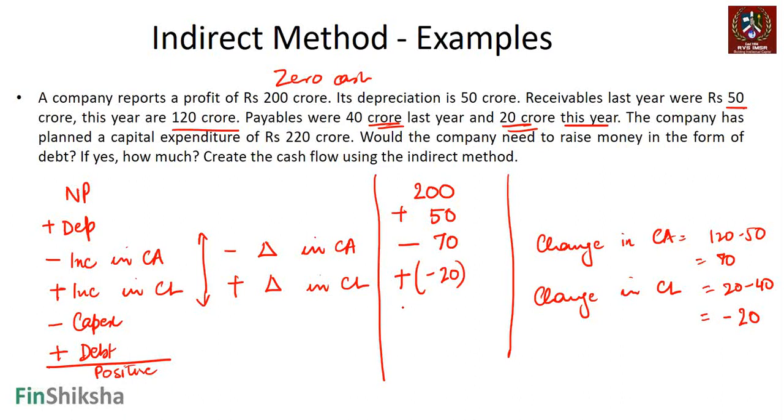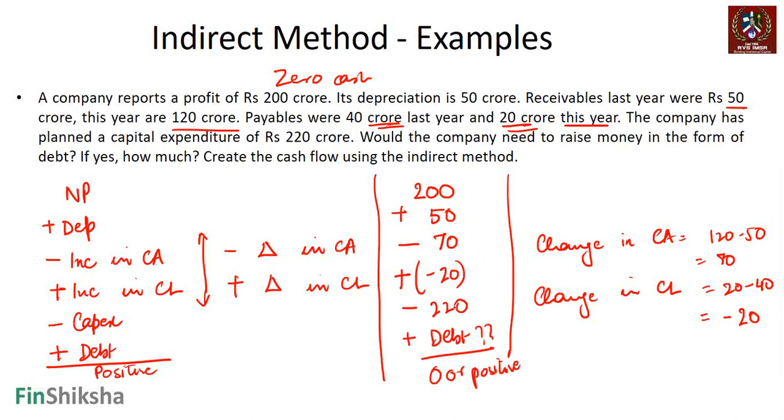And then we have a capex of 220. We have to find out if the company has taken any debt such that we end up being zero or positive, right? That's what we want to find out. So we can do the calculation. That's 250 minus 70, that's 180, minus 20, that's 160, right?